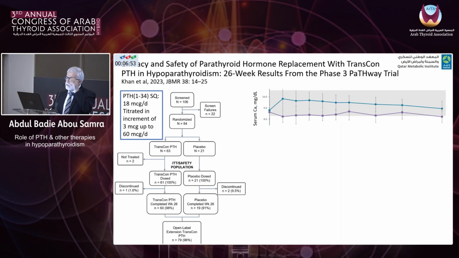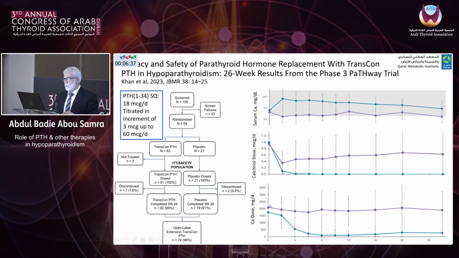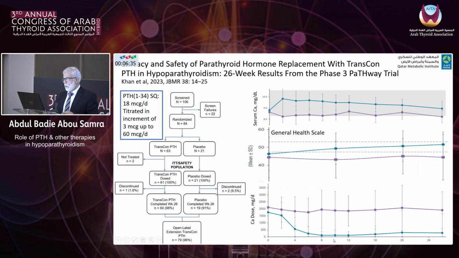Okay, so this is a phase 3 clinical trial, and what you see here, the top here is the analog, and here you see the calcitriol dose, how it came down to almost discontinued. And the same thing, the calcium dose. And they did a general health scale.